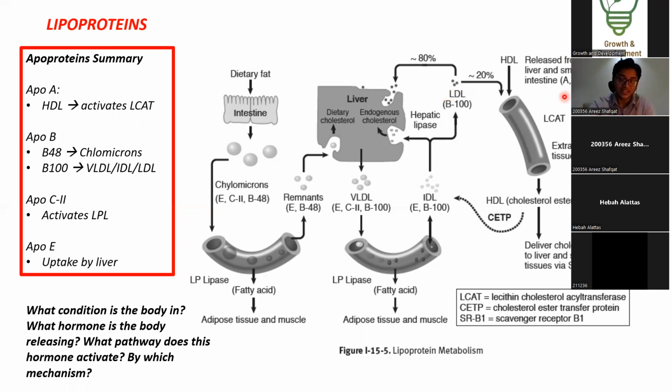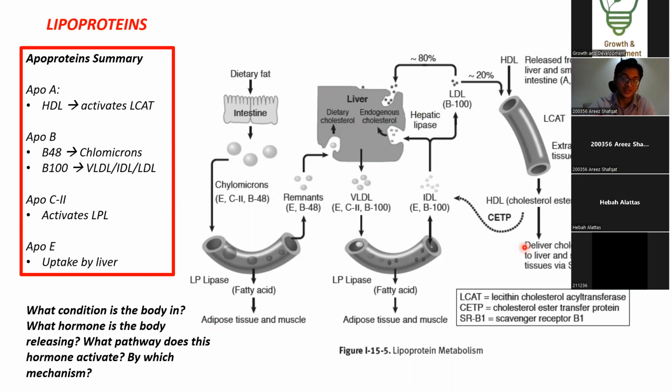This is where HDL comes in. HDL has ApoA, right? ApoA activates an enzyme called LCAT. LCAT takes that cholesterol in the periphery, stores it in HDL, and HDL goes back to the liver. So HDL transports cholesterol from the periphery to the liver. LDL transports cholesterol from the liver to the periphery.